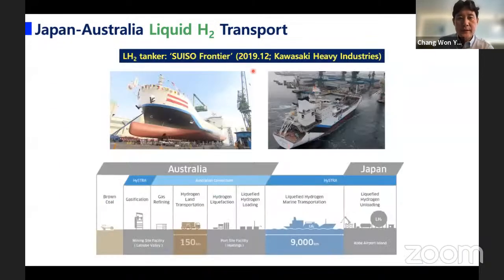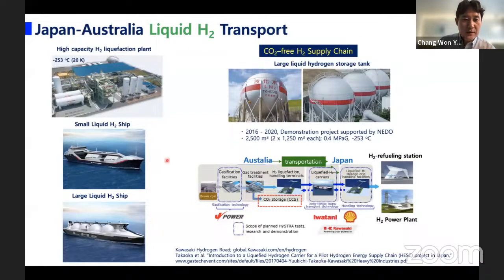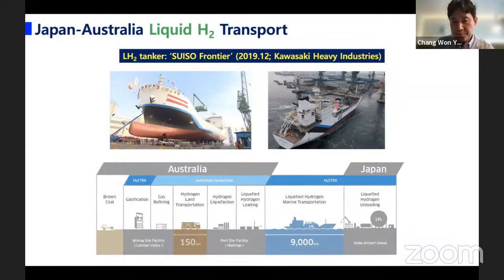And recently, Kawasaki Heavy Industries announced that they're going to make a liquid hydrogen tanker like this. So that's the ship, but there is no tank up there. There will be this kind of tank here to deliver liquid hydrogen.